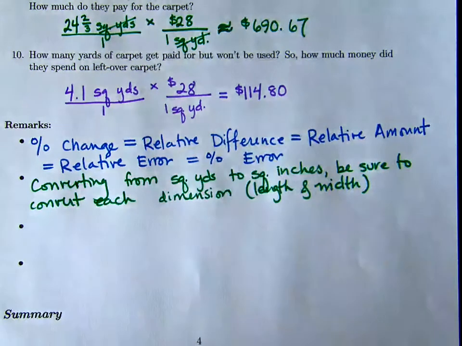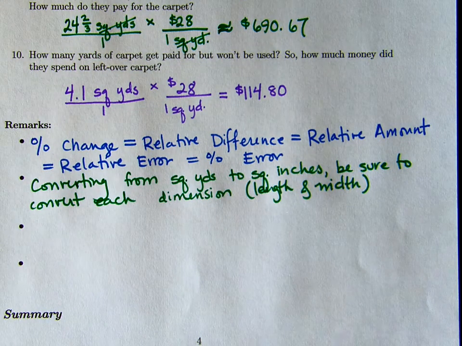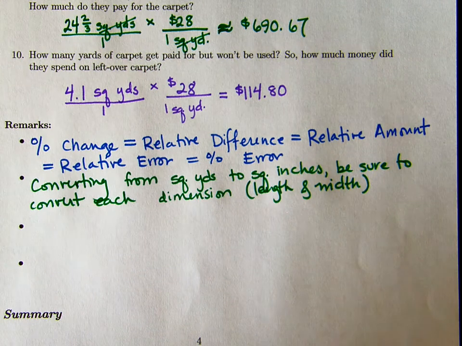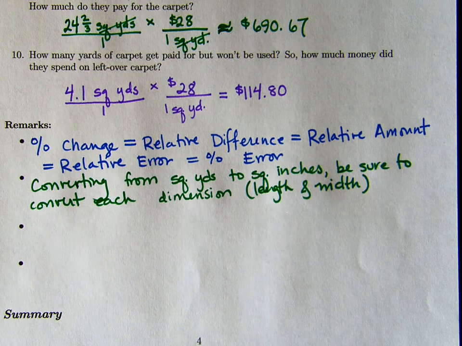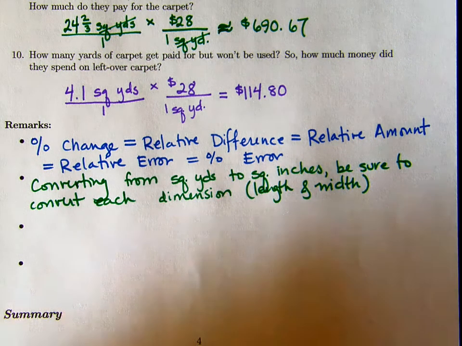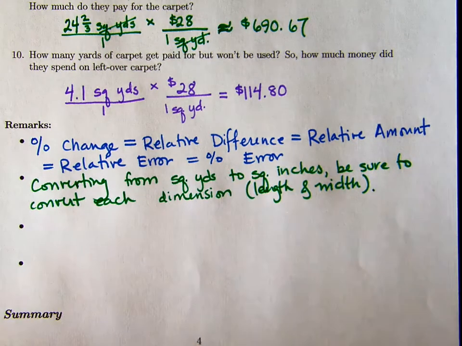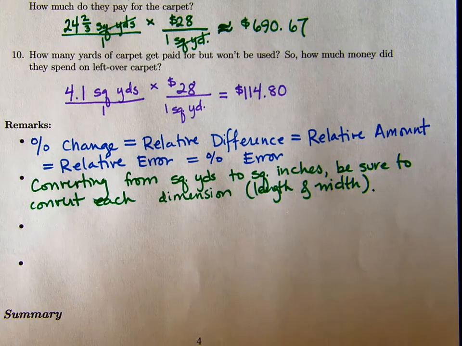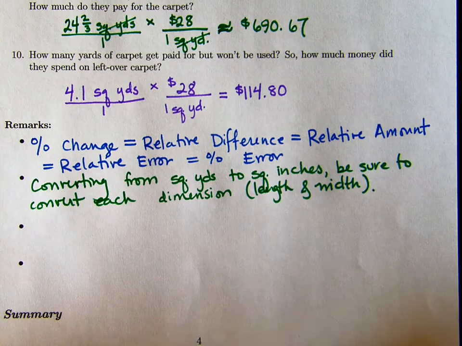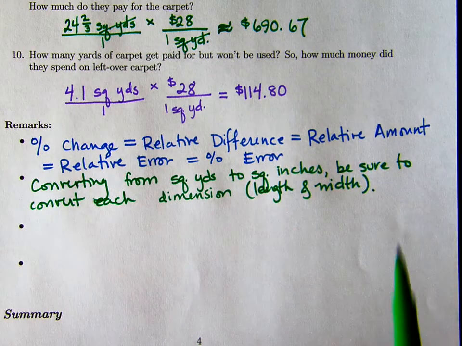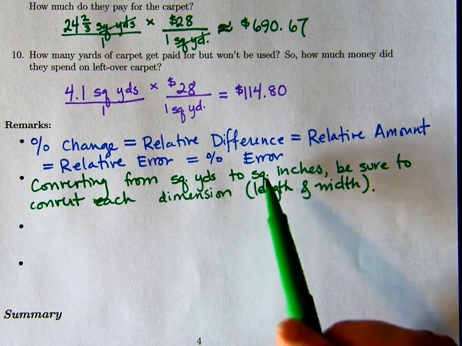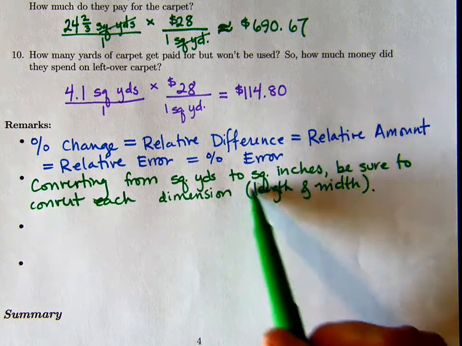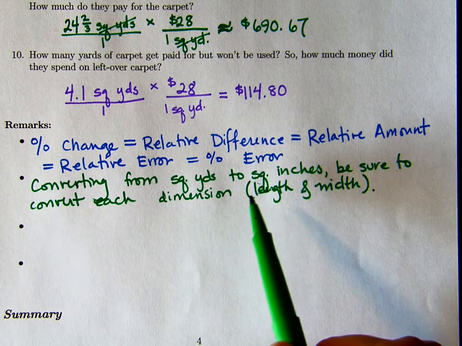But this is really weird. People see it as 9 square yards, and they don't think, oh my gosh, that's a 3 by 3 because it's a square. And it was a square.